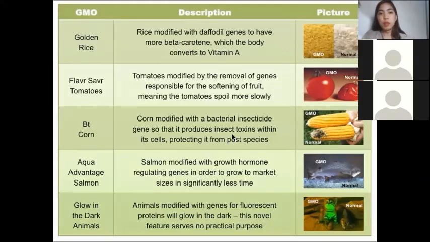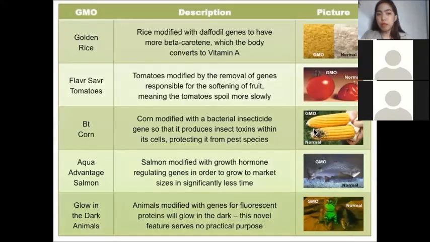Next one is the corn modified with a bacterial insecticide gene so that it produces insect toxins within itself, protecting it from pest species. That's the example we had earlier about the BT corn.